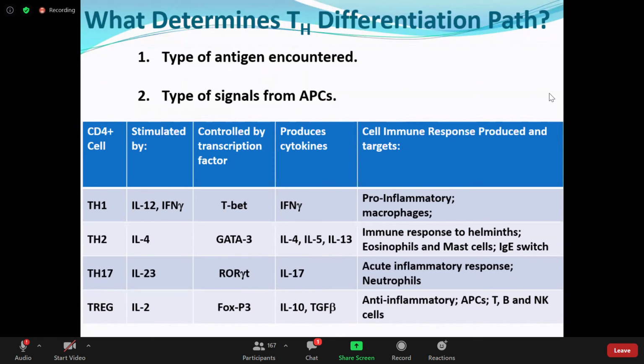So by using these fluorescent tagged antibodies to these important transcription factors, we can characterize whether we have a Th1 or Th2 response going on.